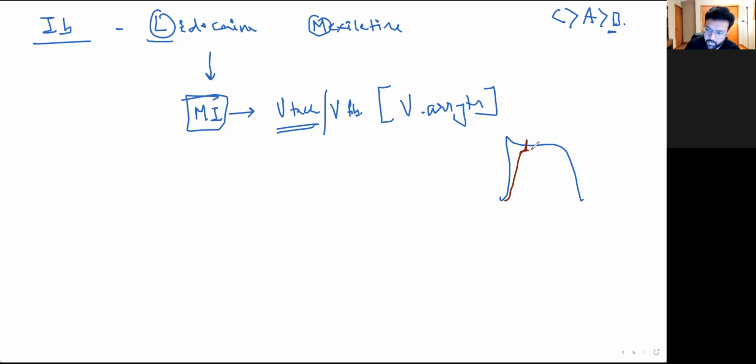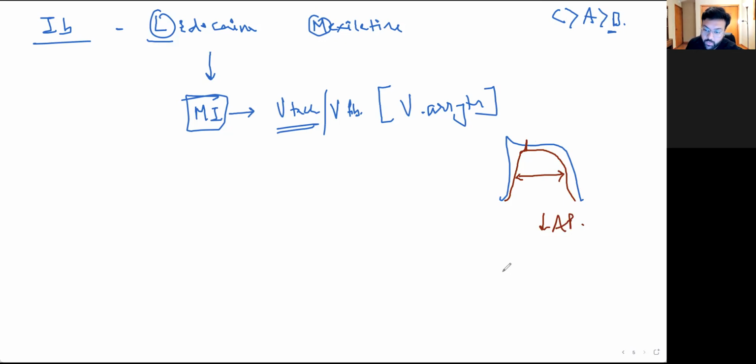No. So it's not going to decrease the slope of phase 3. Rather, the action potential duration will decrease. So a decrease in action potential duration.